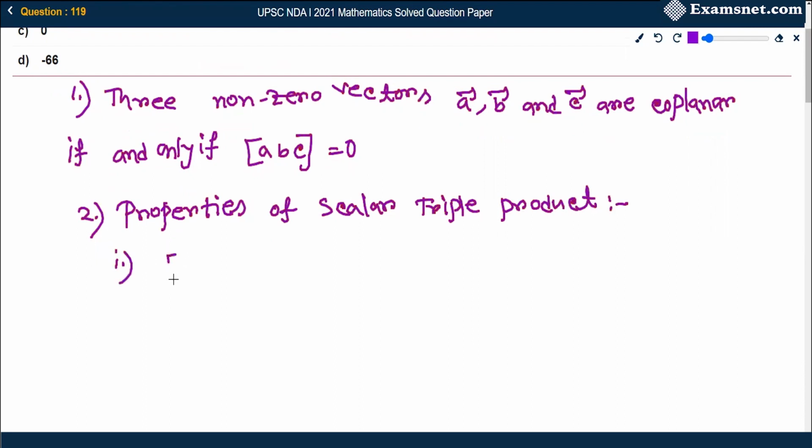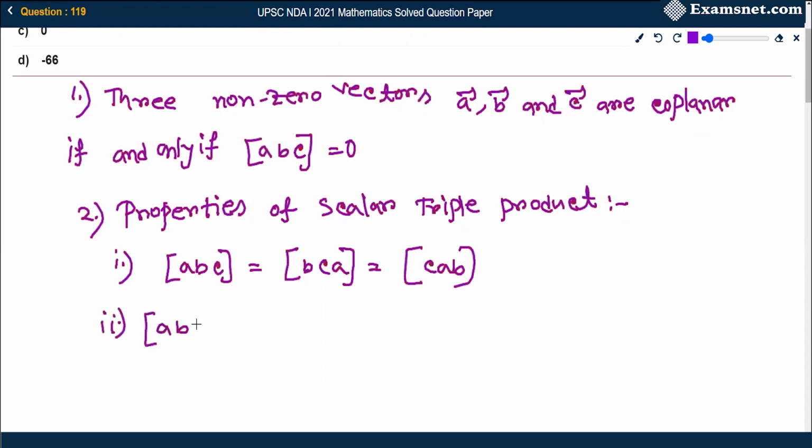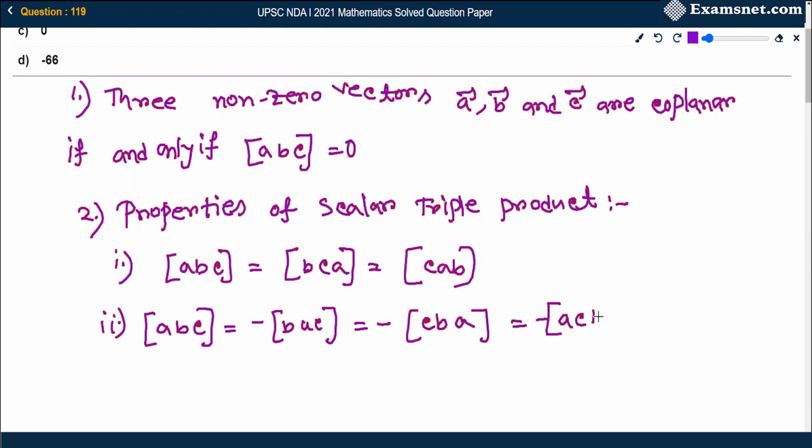First one is [A B C] equals [B C A] equals [C A B]. Next, [A B C] equals, if B changes its position, it becomes minus [B A C], or minus [C B A], or minus [A C B].